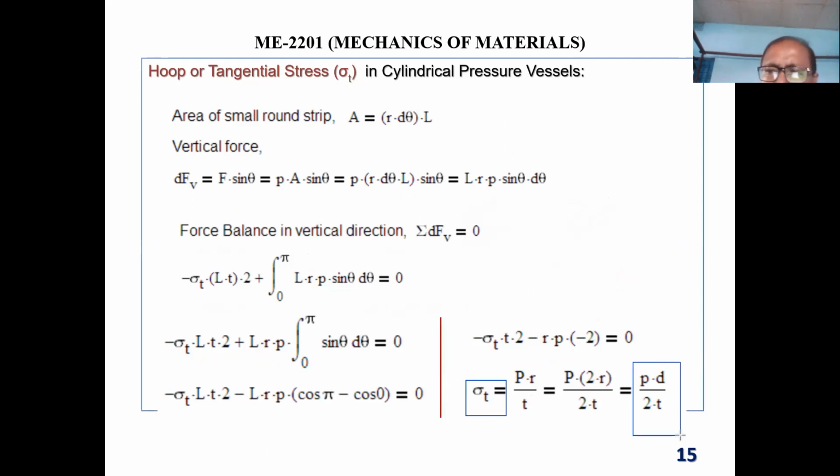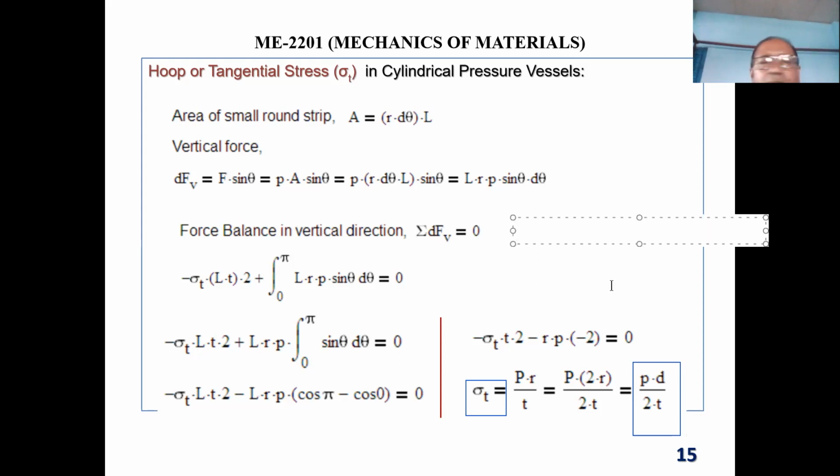So these two formulas are only valid for a thin wall pressure vessel and for a cylindrical pressure vessel. This formula is not applicable for spherical or thick wall pressure vessels.